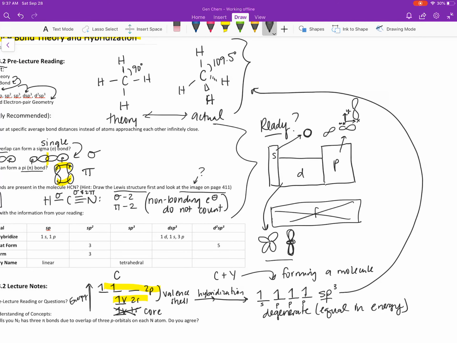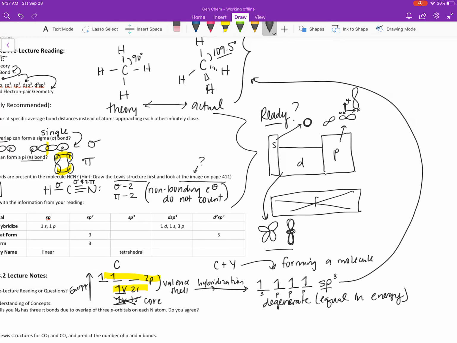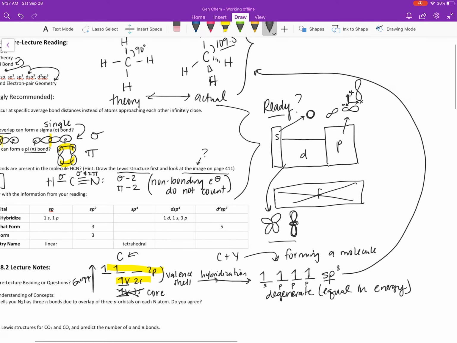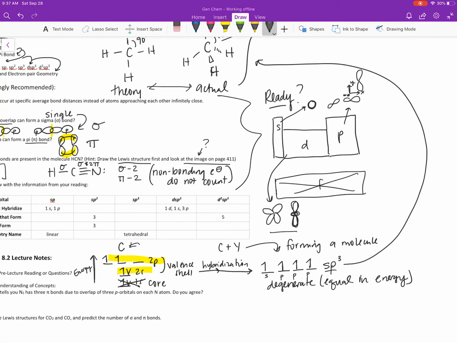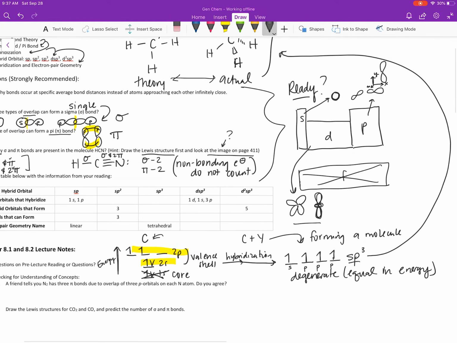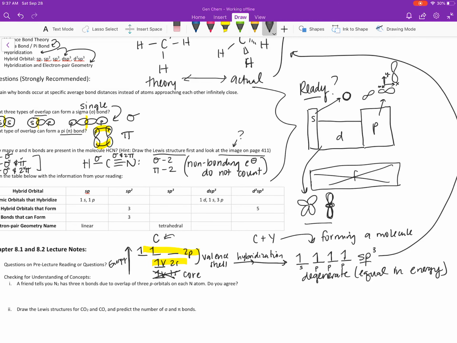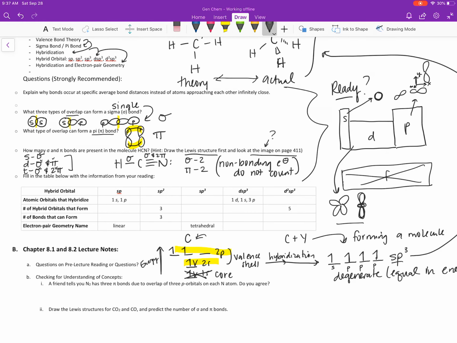It's why they are equally distributed at 109.5 degrees and why it does not adopt this 90-degree geometry that we might expect if we looked at it when carbon was by itself, when it was not in a molecule. Okay? So this happens when any atom forms a bond with something else, a covalent bond. So it doesn't just apply to carbon.